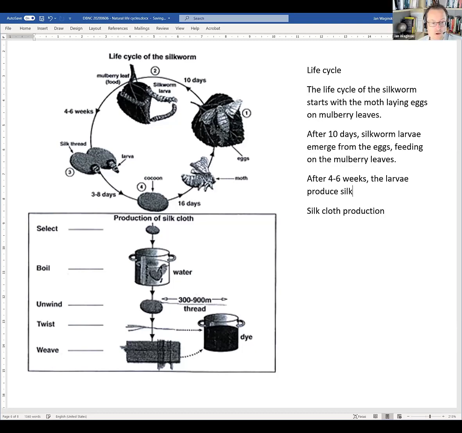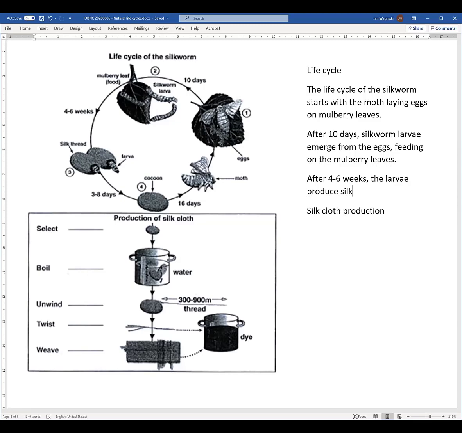Or maybe we should say over 4 to 6 weeks. After 4 to 6 weeks, the larva produce silk. Produce silk is okay, but it's not specific enough to describe what's in the picture. Silk thread. Because what are they doing with that silk?